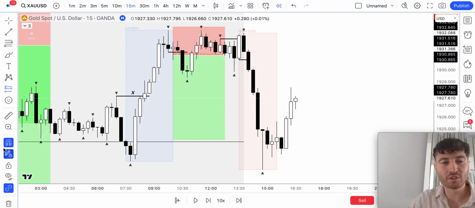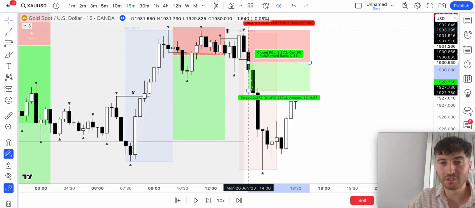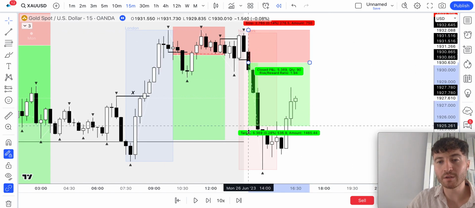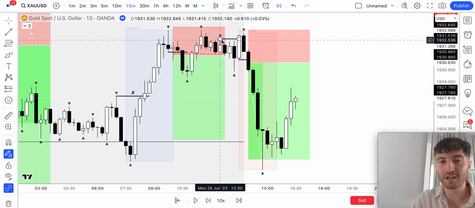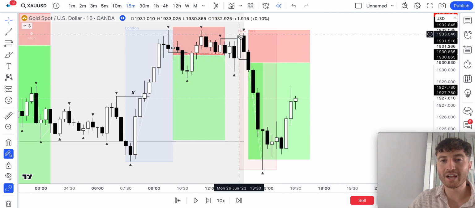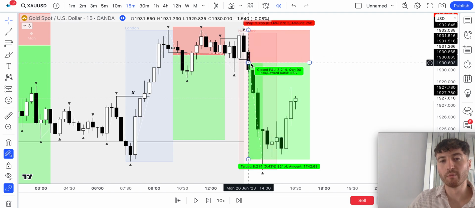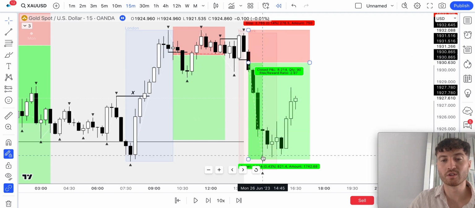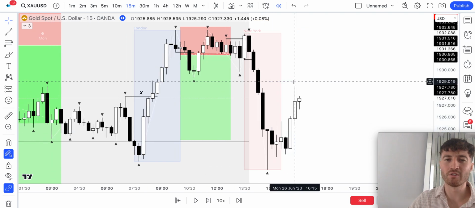I'm not really going to mark this on, I'm going to delete this in a moment, but just for example purposes, there was actually another entry here with our entry schematic, because we ran that liquidity there, we made a higher high in the market, and then we ran them stops there. We can enter on the break of that candle, target a 1 to 3, okay? But just for simplicity's sake, I'm not going to mark that on.